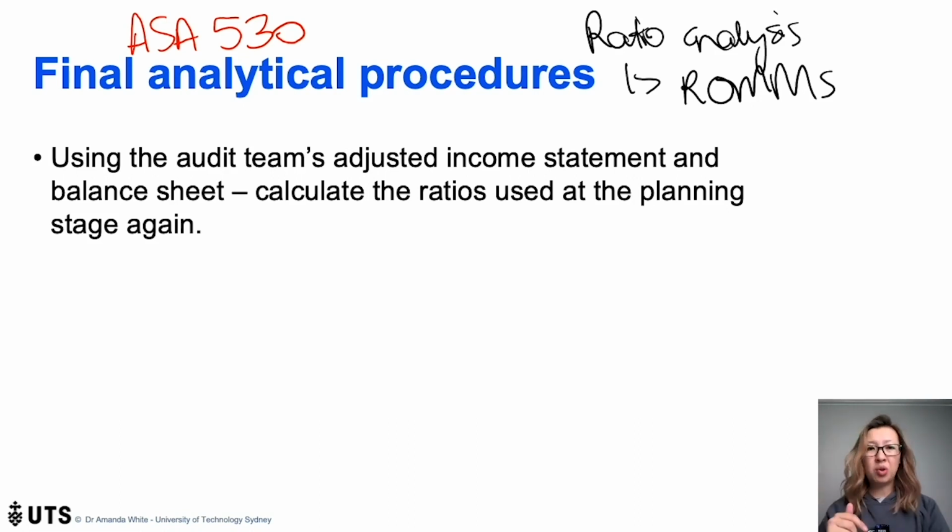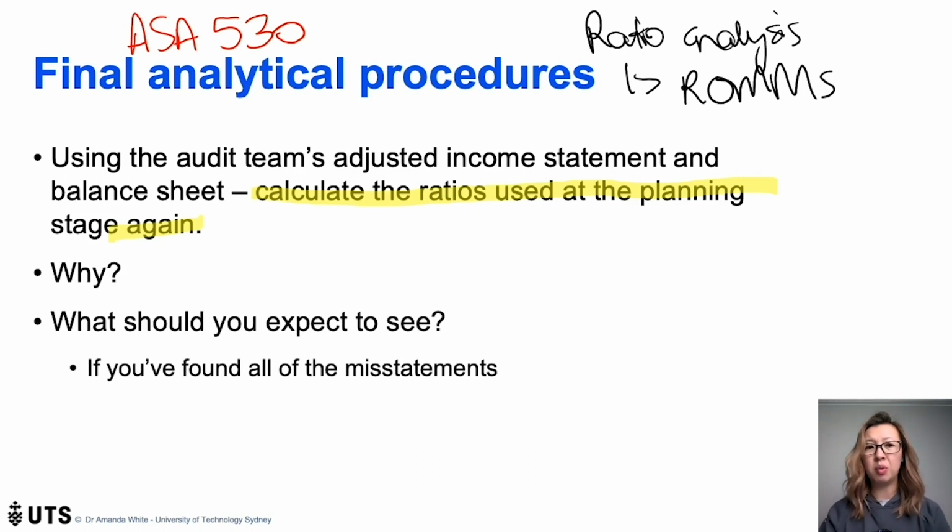And then what I want you to do is, on an audit, you calculate the ratios again. You do exactly the same ratios, okay? And then you do a comparison. So why do you do the comparison? Well, what should you expect to see?